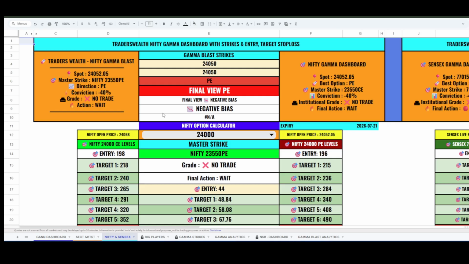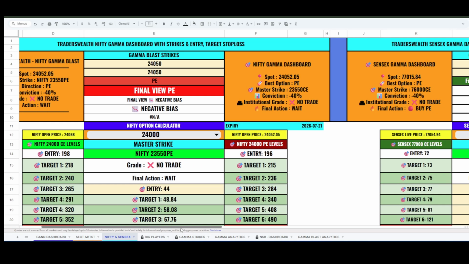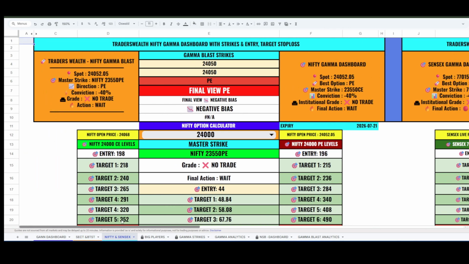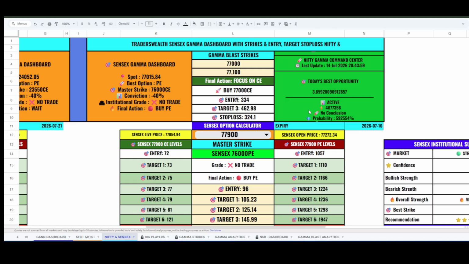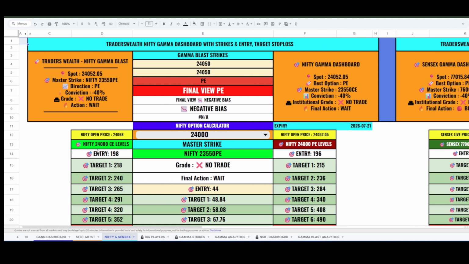Thank you. And coming to this, this is a Sensex and Nifty dashboard. Whenever Nifty is bullish or bearish, it lets you know today's best strike price. Everything is given over here, and also whether the final view is PE or CE. You can also select one strike price over here.